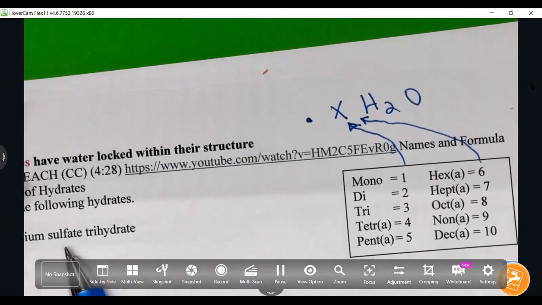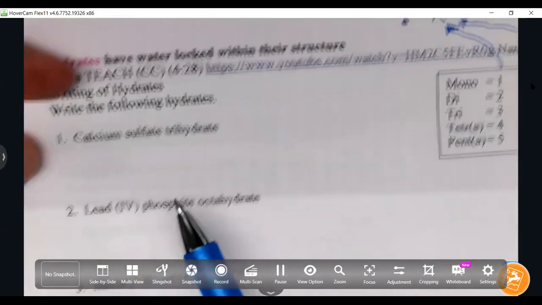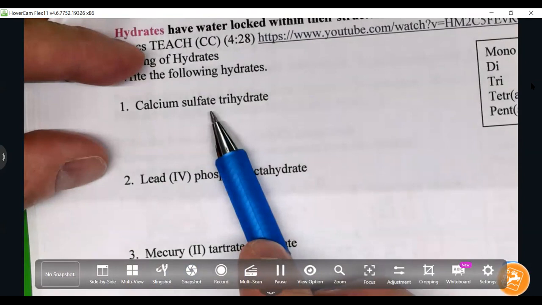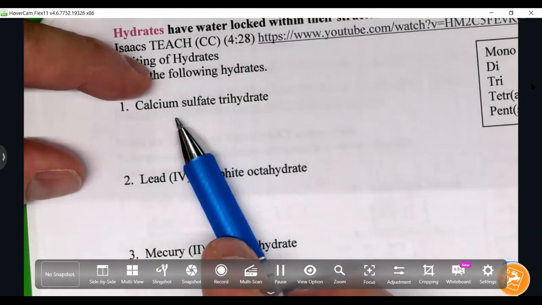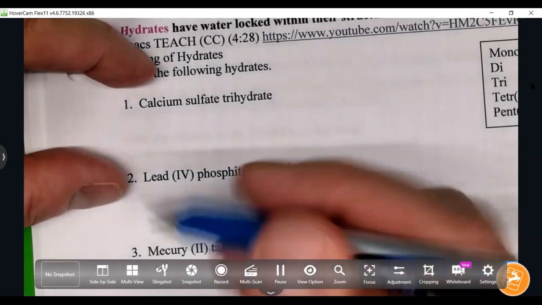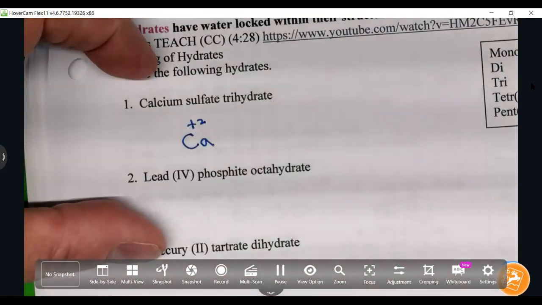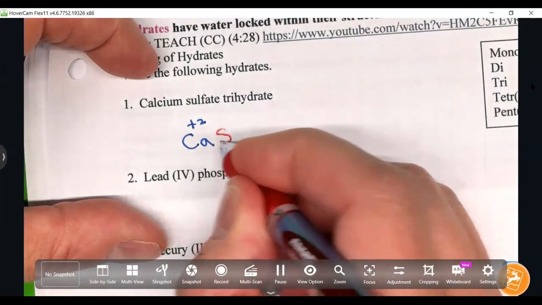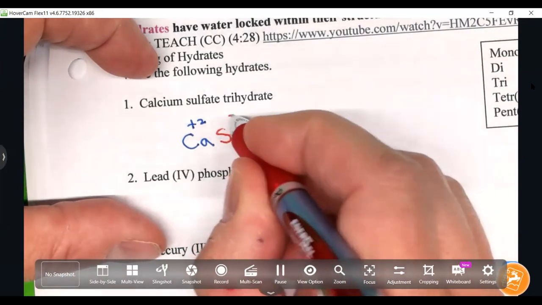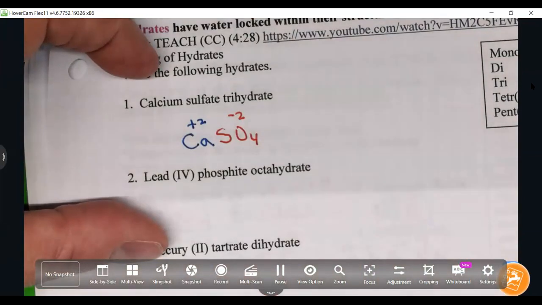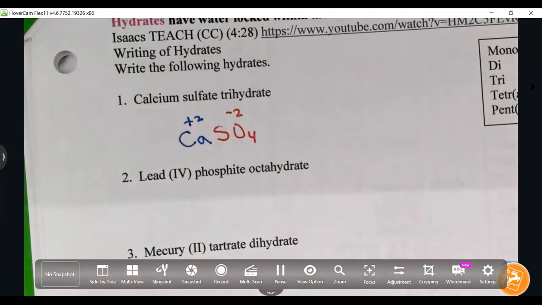So for this first example, calcium sulfate. Forget about the trihydrate. Calcium sulfate, first of all. Calcium plus 2, SO4 minus 2. So that's just calcium sulfate, right?